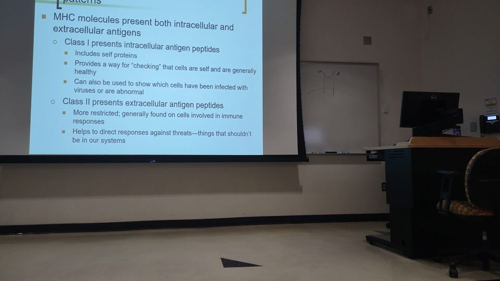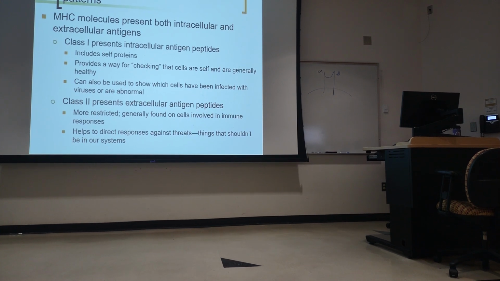So I like to think about class 1 receptors like a billboard on the surface of all of your tissues that are telling the outside world what is going on inside that cell. So right now, inside one of my liver cells, the liver cell is making proteins, doing translations, turning things over. I've got some ubiquitinated proteins.